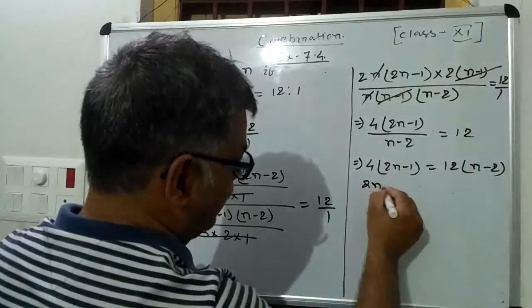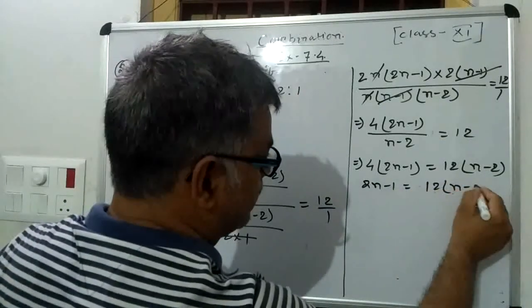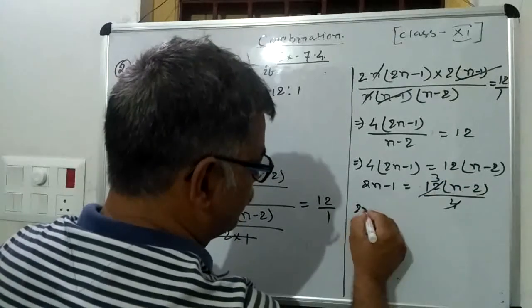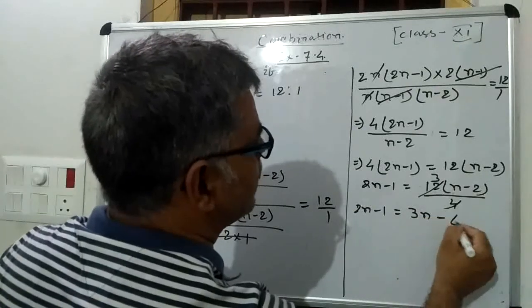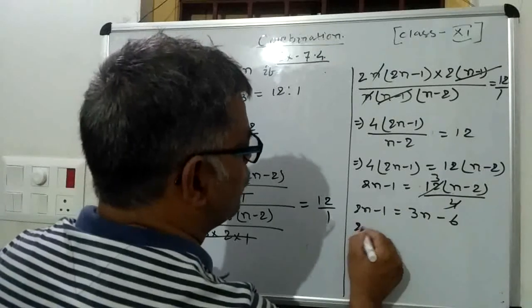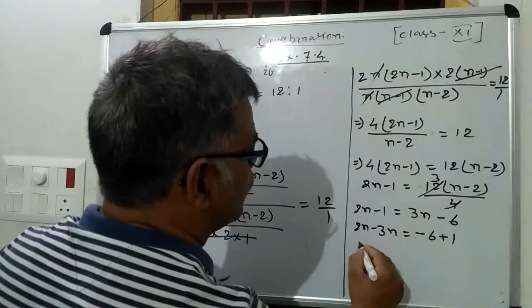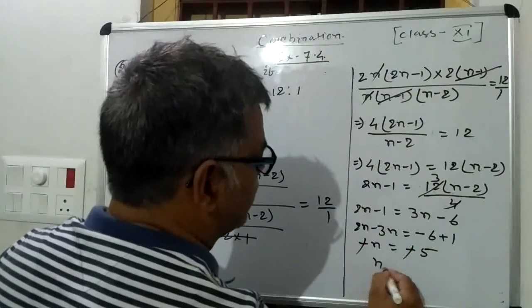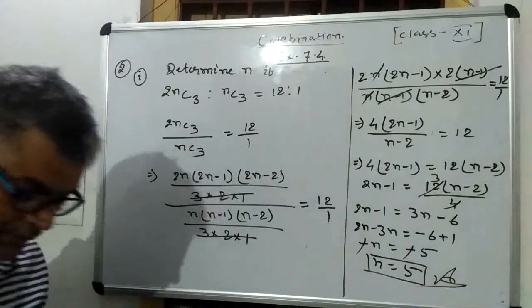So 2n minus 1 equals 12 into n minus 2 by 4. 4 threes are 12. So 2n minus 1 equals 3n minus 6. So it will be 2n minus 3n equals minus 6 plus 1. So minus n will be minus 5. Minus minus will get cancelled. So n equals 5 is your required answer.